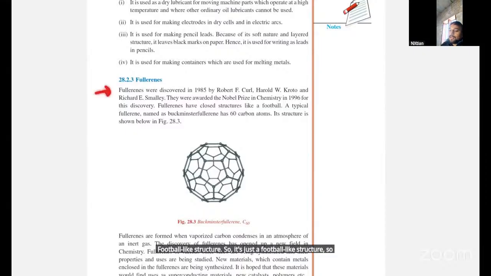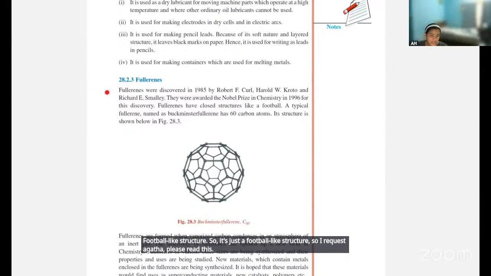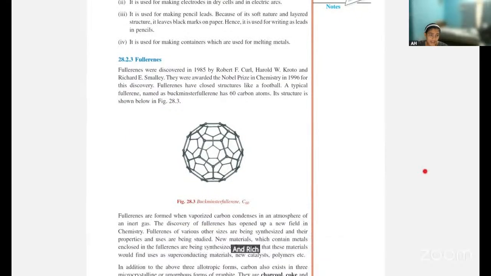So I request Agatha, please read this. Fullerenes were discovered in 1985 by Robert F. Curl, Harold W. Kroto, and Richard E. Smalley.